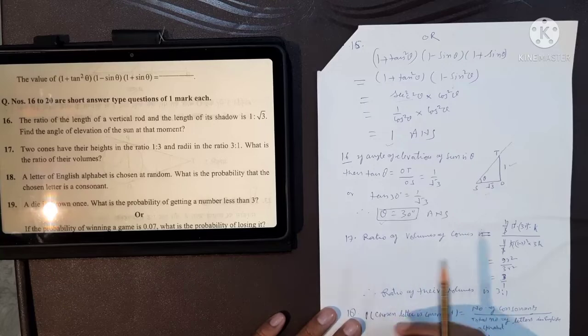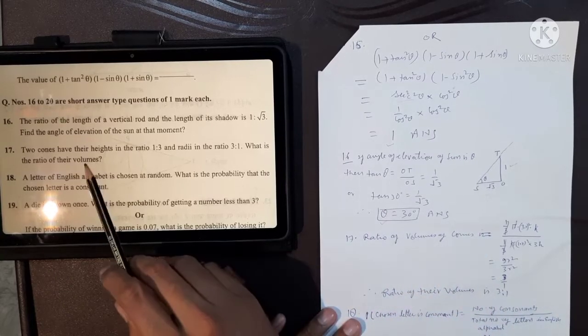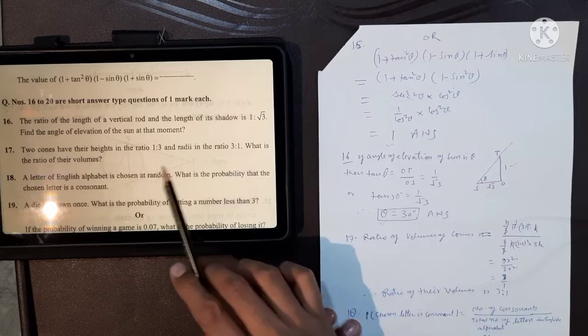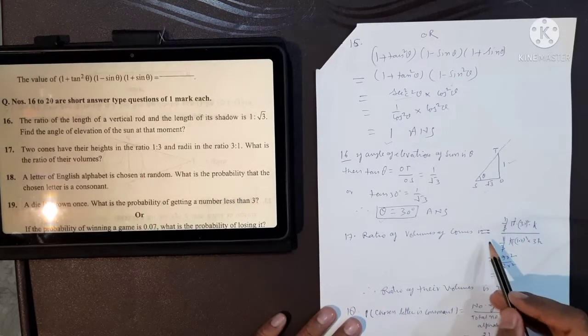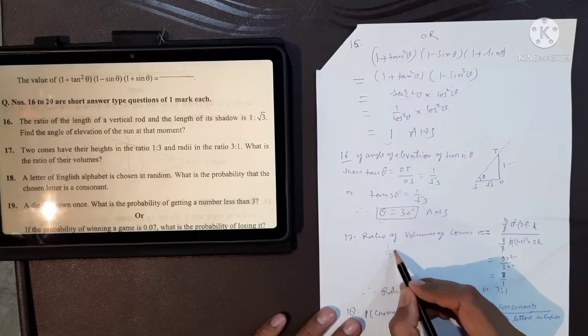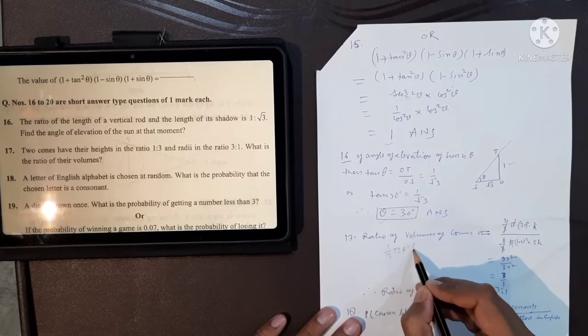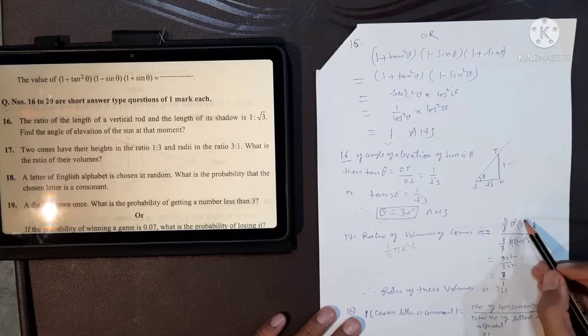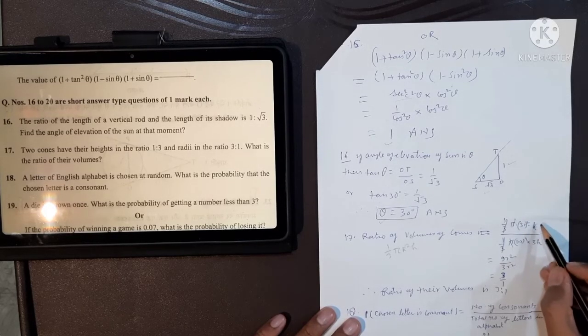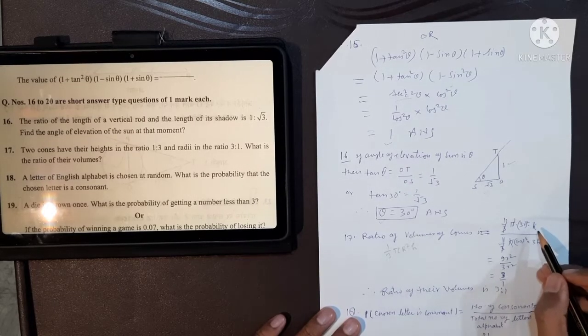Question number 17, two cones having these heights and radii are in the ratio 3 is to 1. What is the ratio of their volumes? We know the volume of a cone is 1 by 3 pi r square h. In the first case, the height is three times, and the radii is also 3 is to 1.